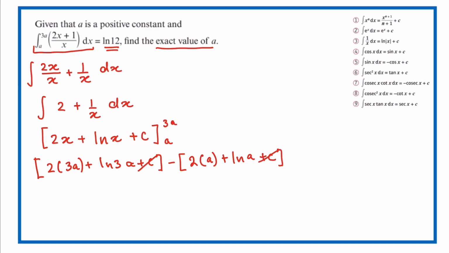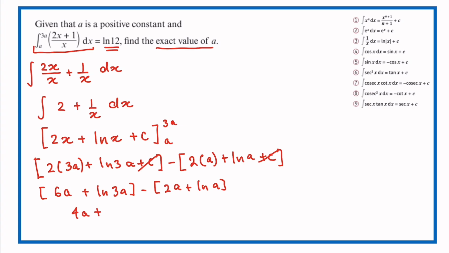In this case, that simplifies down to 6a plus ln 3a for the first part. And from there, we are subtracting 2a plus ln a. So 6a minus 2a will give us 4a, plus ln 3a minus ln a.